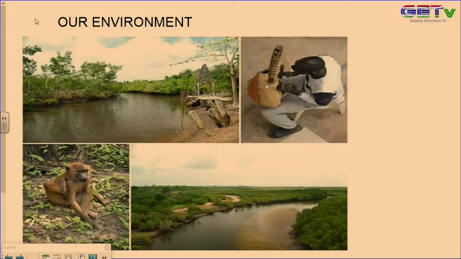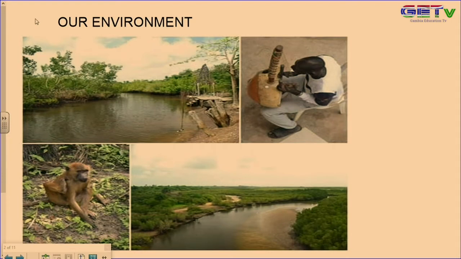Now let's have a close look at the picture. Now there are 4 pictures here. One is the environment, where you have trees. You also have streams. The other picture, you have a man sitting down with his kora. The third picture, you have an animal, which is a monkey.